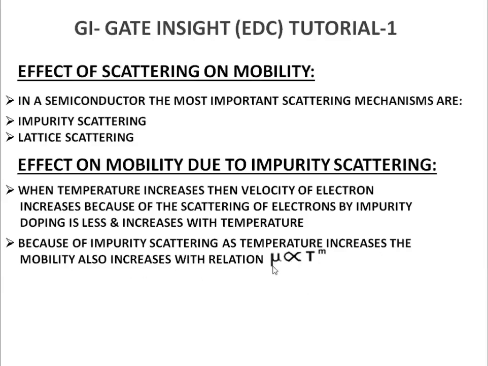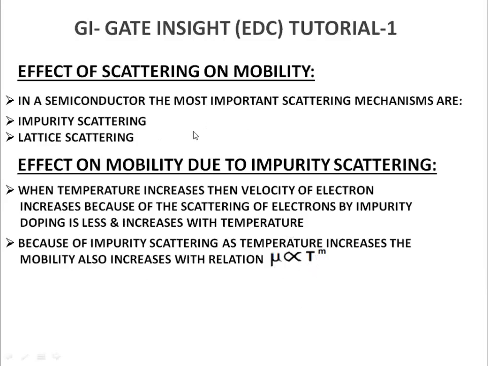There is a relation for that: mu is proportional to T to the power of minus n. Recall that in the earlier discussion, when we were not talking about the scattering effect, the mobility was proportional to T to the power of minus n.